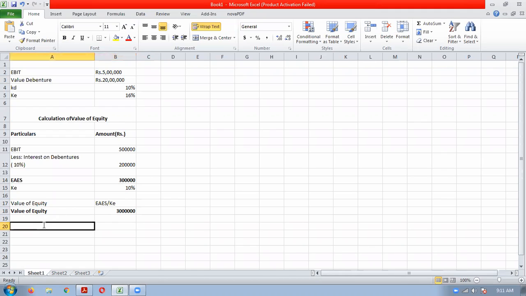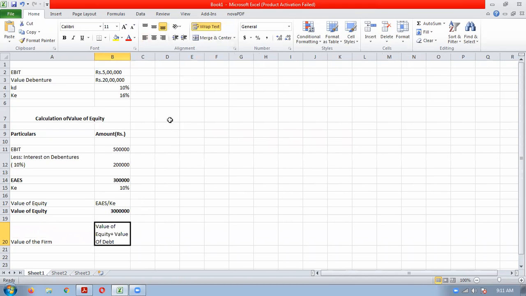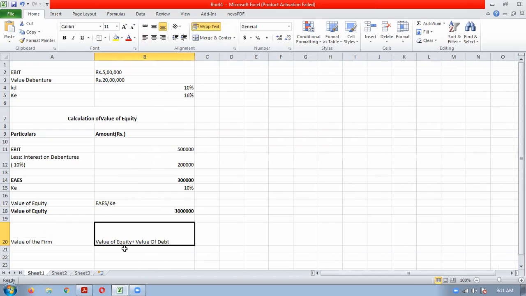Now value of the firm is simple. Value of the firm is value of equity plus value of debt. Both values we are having. What is value of equity?